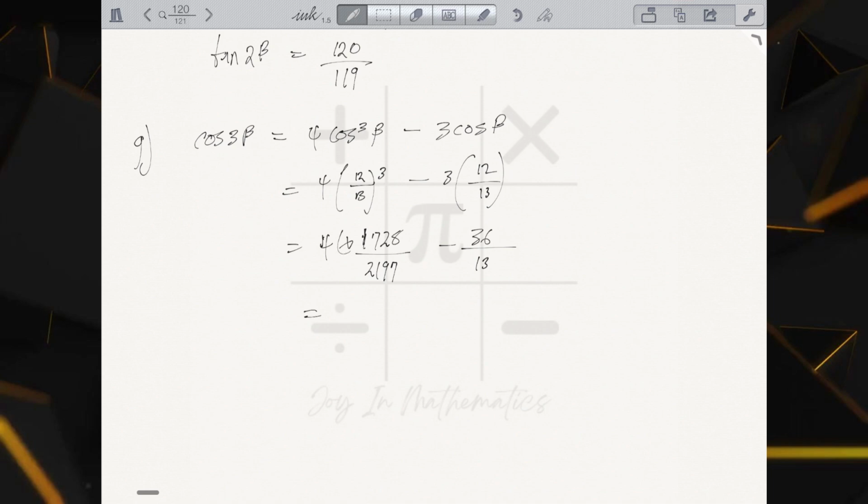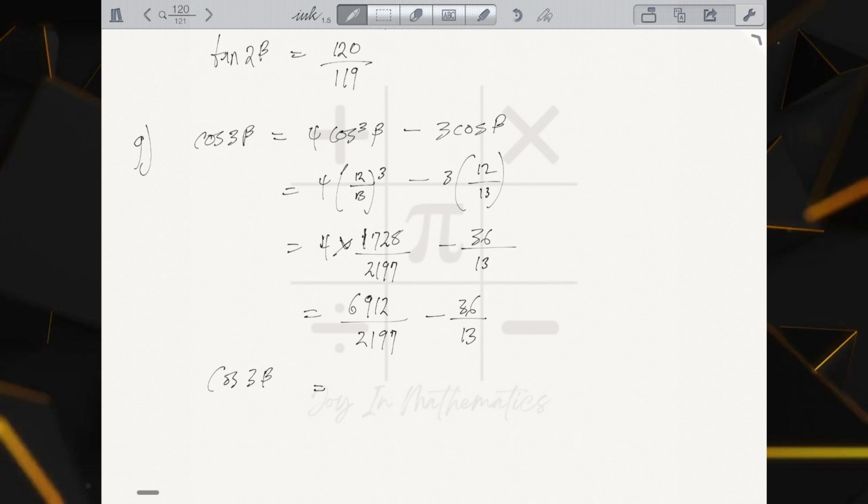So simplifying this expression now using the multiplication sign, we have 6912 divided by 2197 minus 36 divided by 13. So we will simplify, maybe using our calculator or with LCM as the case may be.